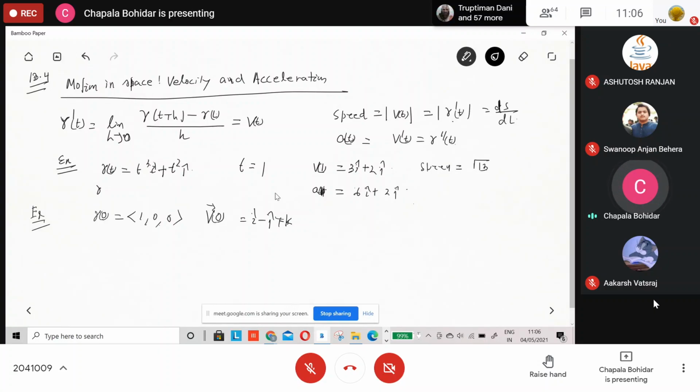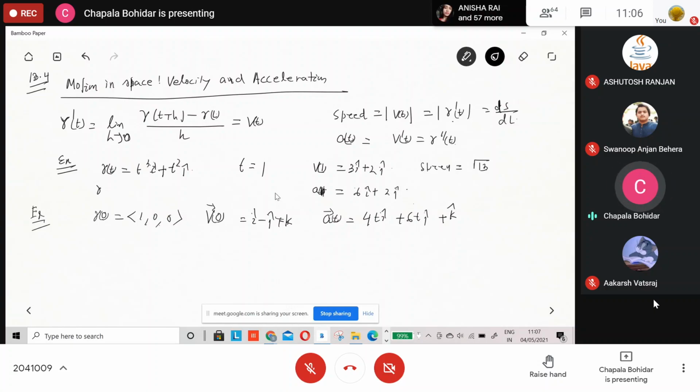Its acceleration a(t) is equal to 4t i cap plus 6t j cap plus k cap. Find its velocity.